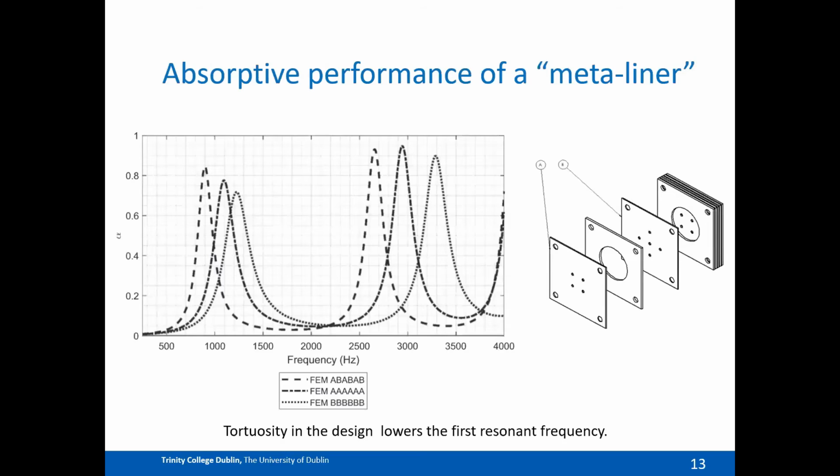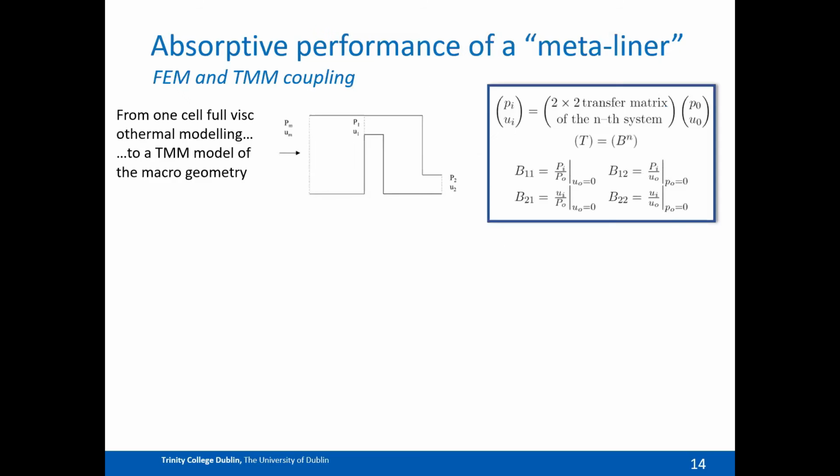So even though additive manufacturing has many advantages, using more simple traditional subtractive methods it's possible to obtain structures which show promising absorptive behavior. Simply by using tortuosity within the design, you manage to lower the first resonant frequency.